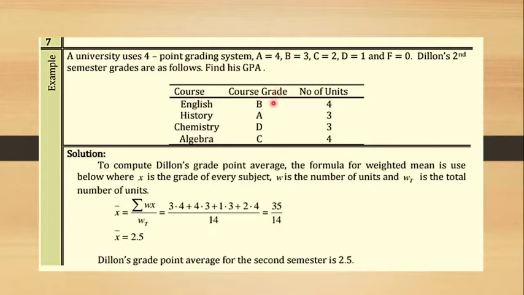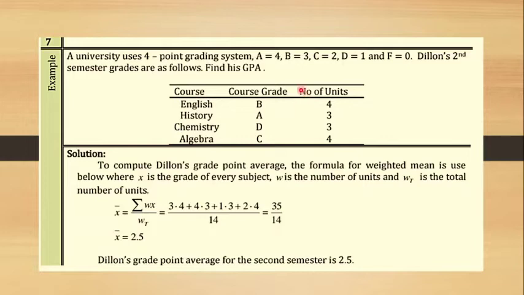The grade in English is B, and the number of units is 4. History course grade is A, and the number of units is 3. Chemistry course grade D, number of units is 3.